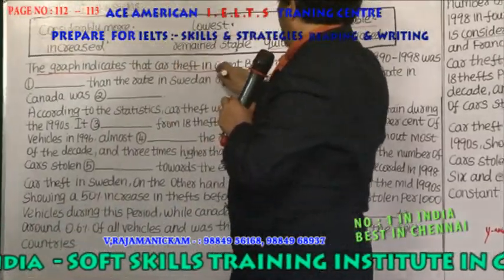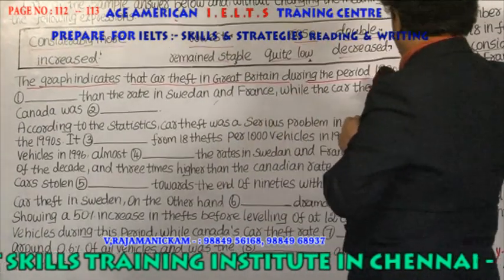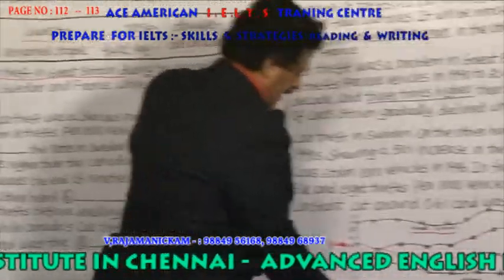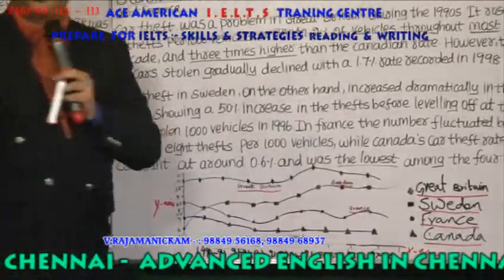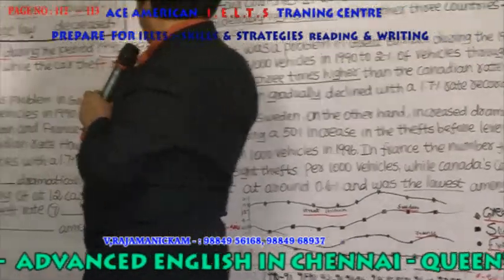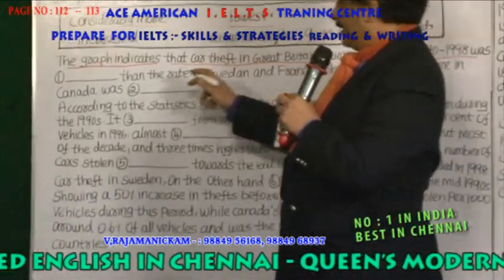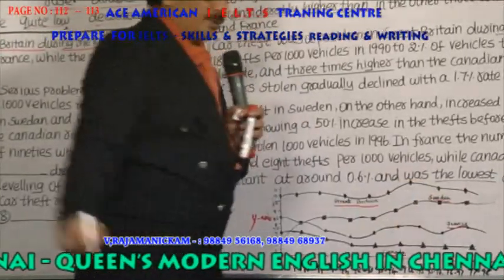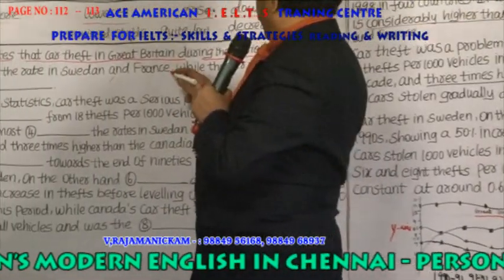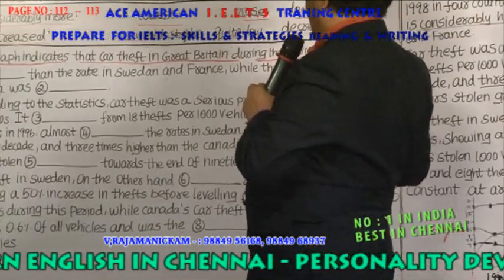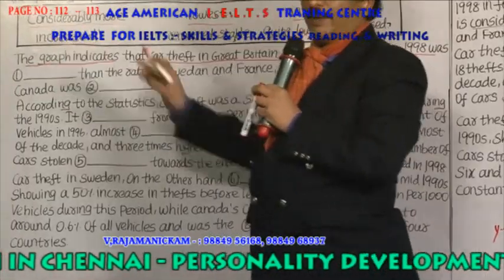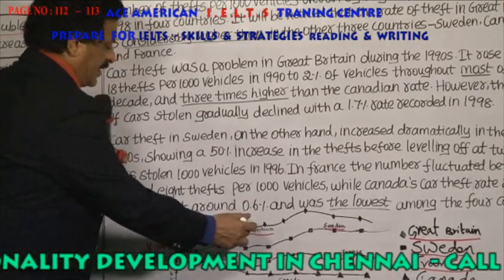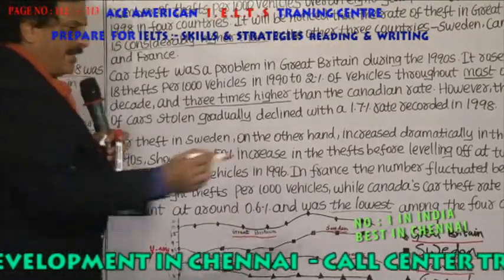That car theft in Great Britain during the period 1990 to 1998, almost 8 to 9 years, was then the rate in Sweden. Sweden comes in number 2. And France, while the car theft rate in Canada was. So in the first paragraph, it clearly shows the comparison of car theft in Great Britain, Sweden, France and Canada.